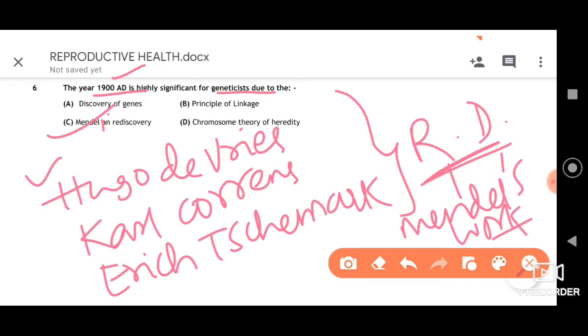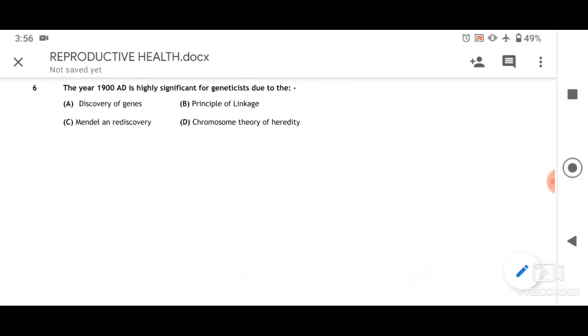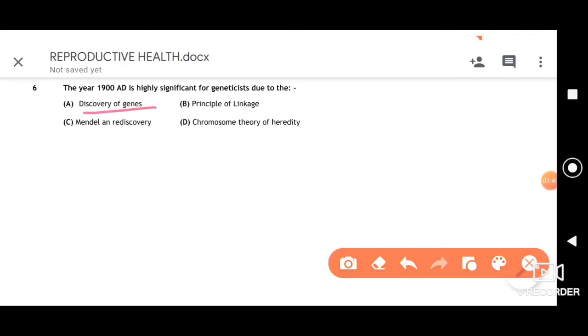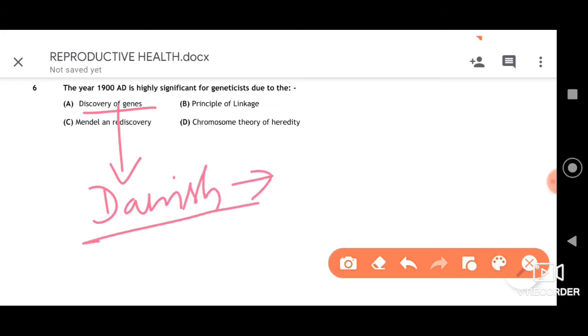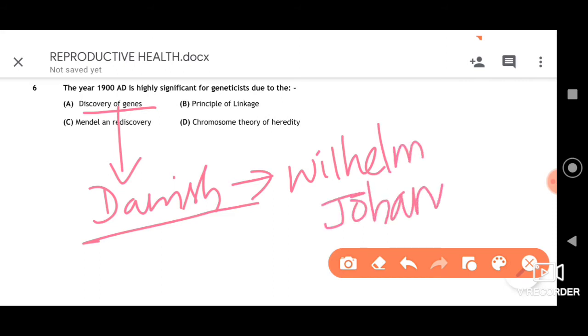Anyway, my dear friends, let us also know what the other options given are. Discovery of genes they have given. There was a Danish botanist called Wilhelm Johannsen, who coined the term gene in the year 1909.